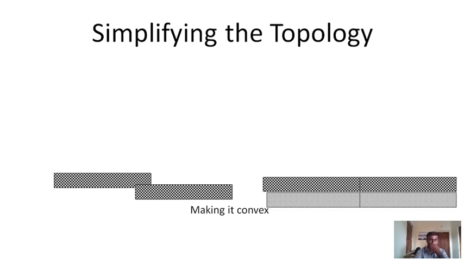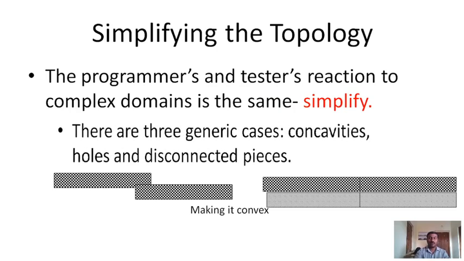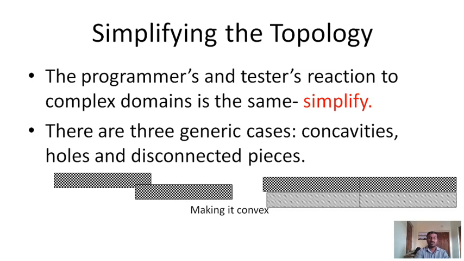Then the next one is simplifying the topology. The programmers' and testers' reaction to complex domains is to simplify them. There are three generic cases: concavities, holes, and disconnected pieces. In nice domains, it is convex. If the domains are concave, they come under ugly domains.